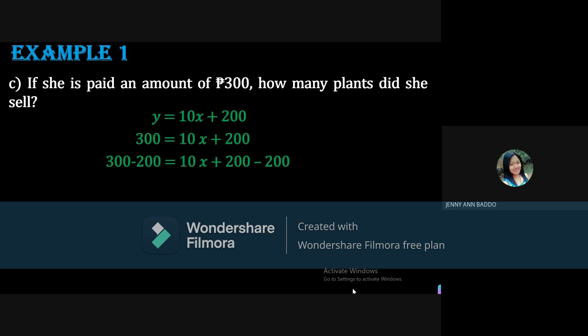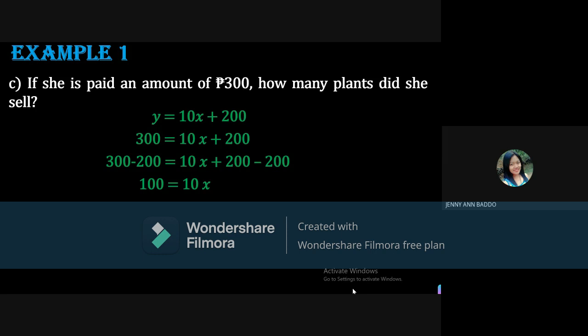Simplifying, we have 300 minus 200, that is 100. And 200 minus 200 is 0. Or we can cancel 200 and negative 200. So we have 10x on the right side.